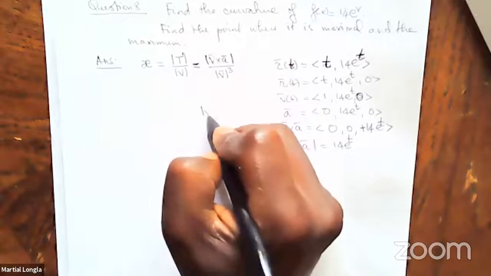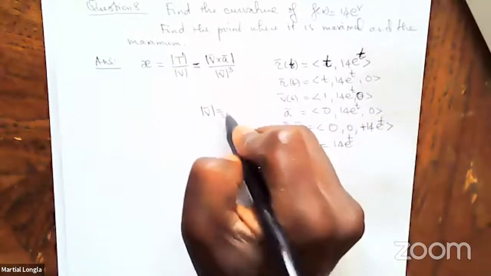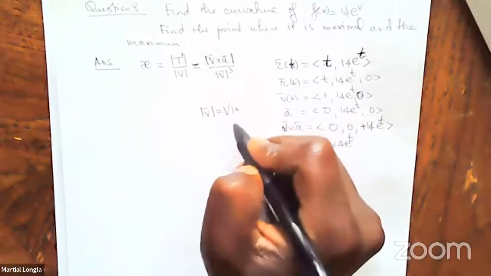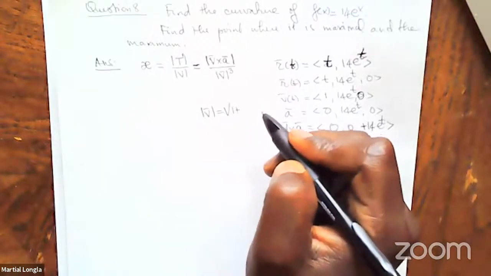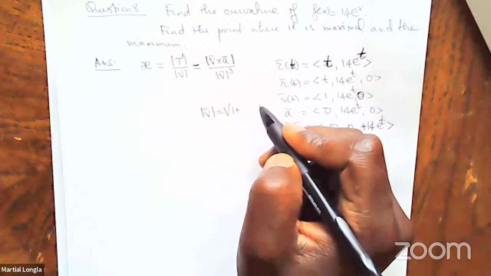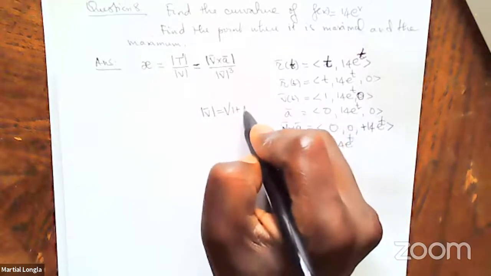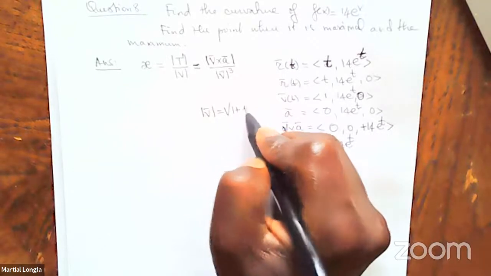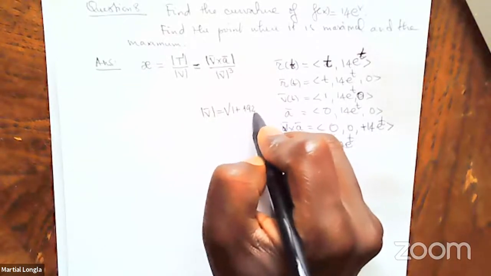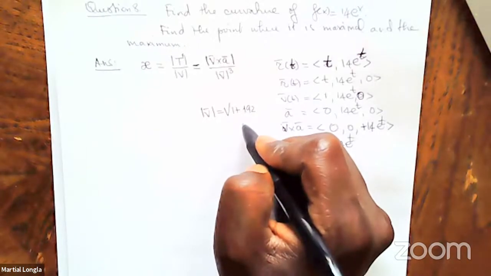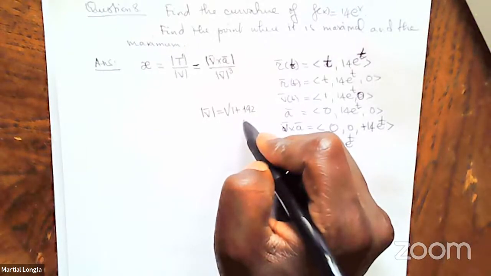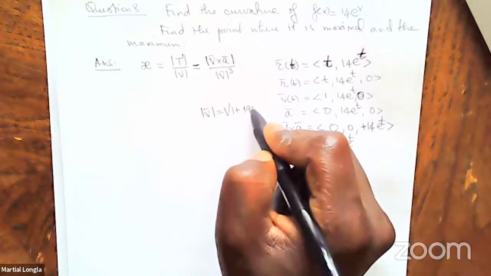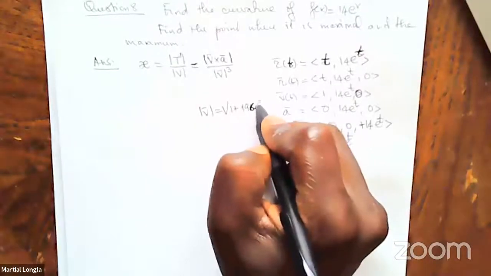The magnitude of v is the square root of 1 plus, what's 14 squared? It's 196, good, e to the 2t.